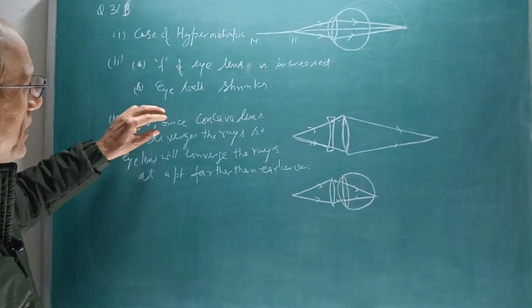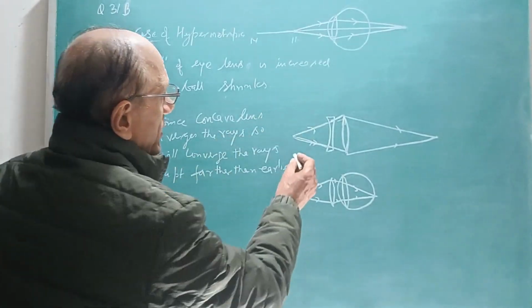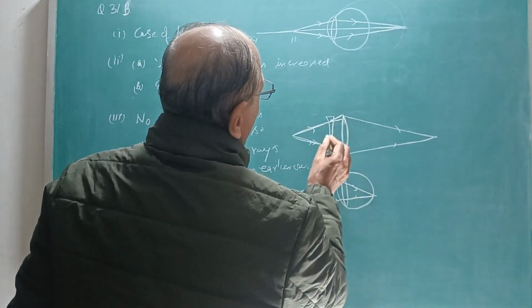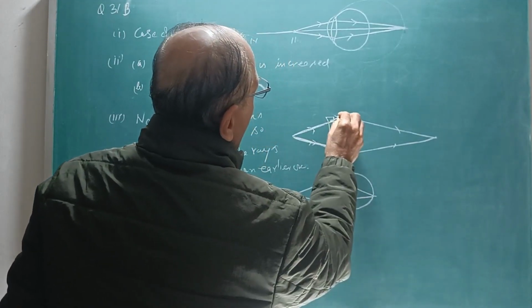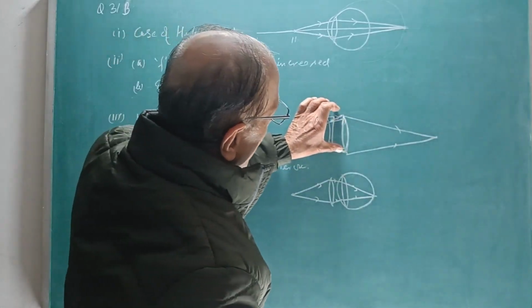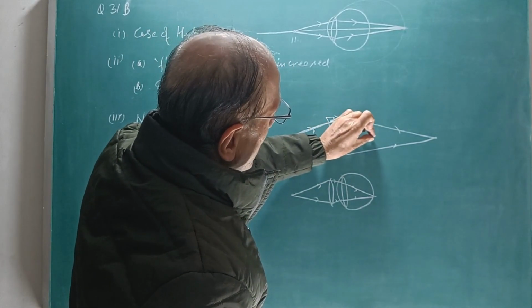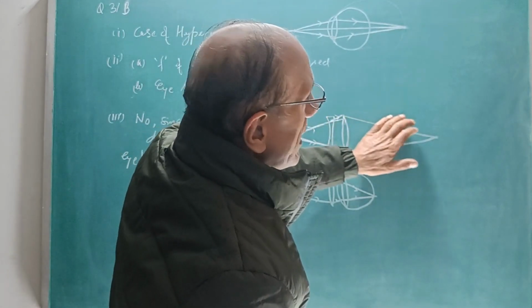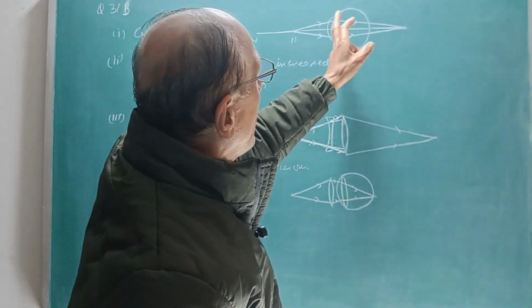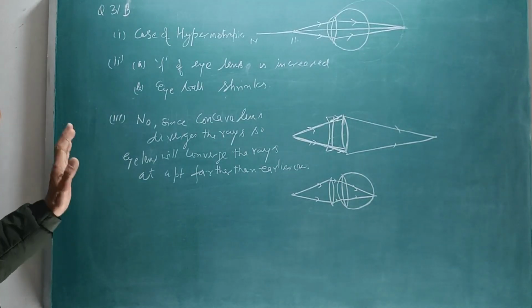So the answer is no, it cannot be corrected by a concave lens because the concave lens has the property to diverge the rays. These rays were moving like this, but the concave lens will further diverge them, which will make it difficult for the lens to converge them at the near point. Rather, it will converge these rays at a farther point than the earlier one.